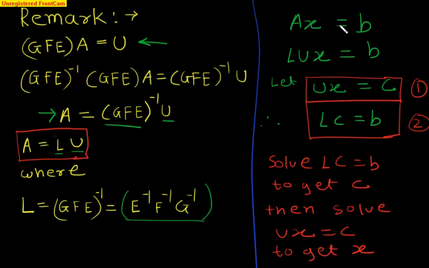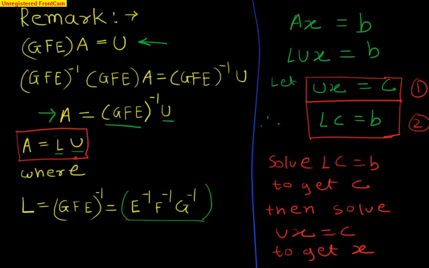Now look at the right hand side. At the right hand side, I will show you how to use LU to find out the x, our unknown. Our final aim is finding out the x.